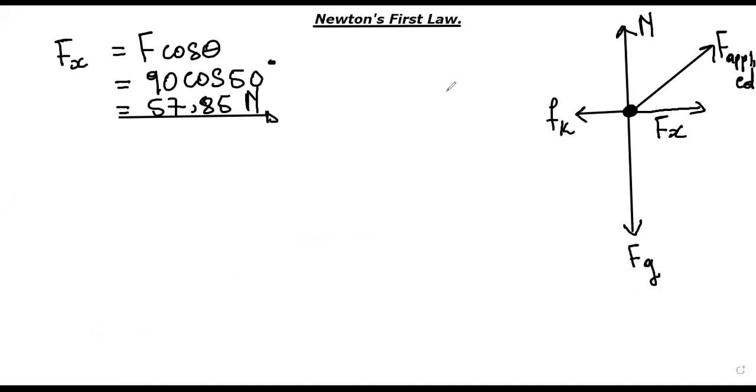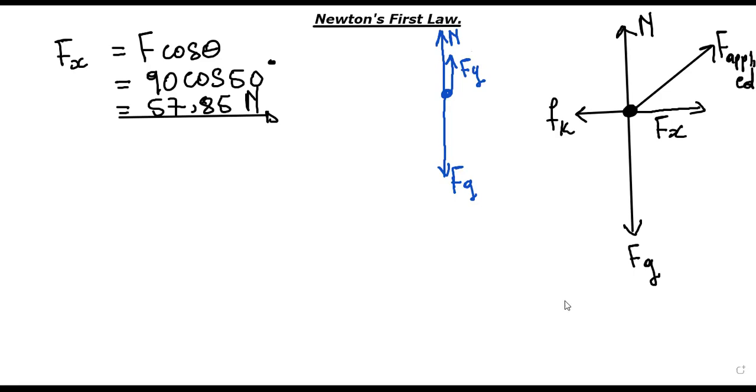If we look at the vertical forces, we have the normal force, which is going upwards. And then we have the gravitational force, which is larger than the normal force. But we also have a vertical component of the applied force. Do you see that?